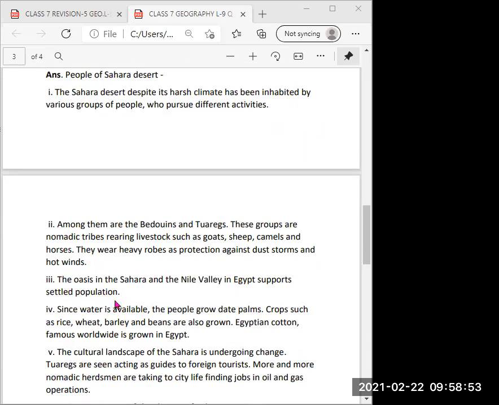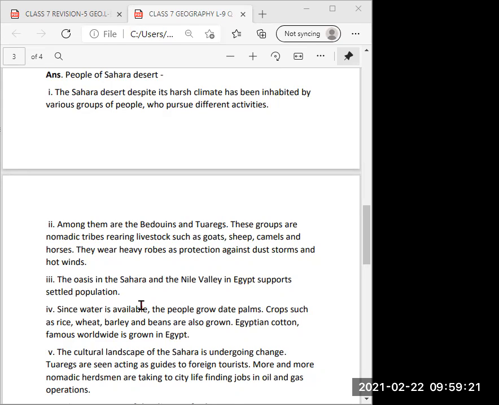Next, the oases in the desert, Sahara and the Nile Valley in Egypt support settled population. That means wherever the oasis is there in this desert area, there is a little source of water, a fountain or spring of water coming out, so people have started settling there. Because can you imagine life without water?